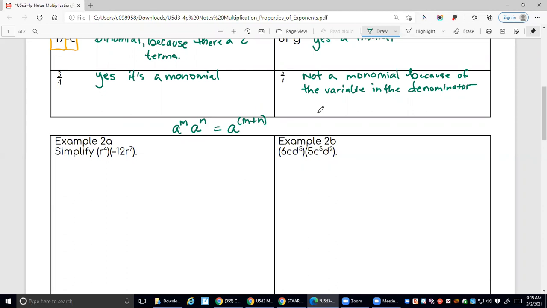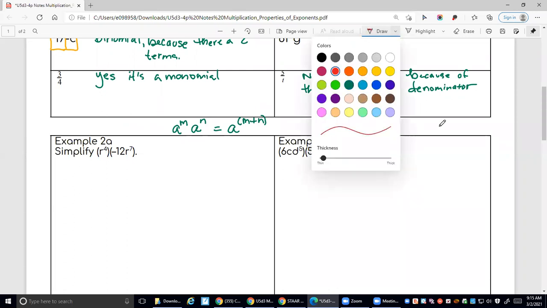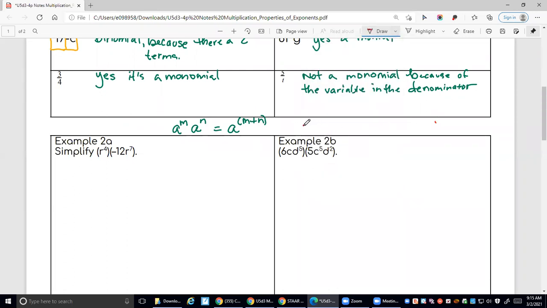Okay? So for example, because living in the abstract sometimes is challenging for people, if I had x to the 5th and x to the 2nd, each little exponent has its own base. All I'm going to do is say x to the power of 7, okay? And the reason being is, what's another way of saying x squared? Anybody? Okay, so this was from middle school.